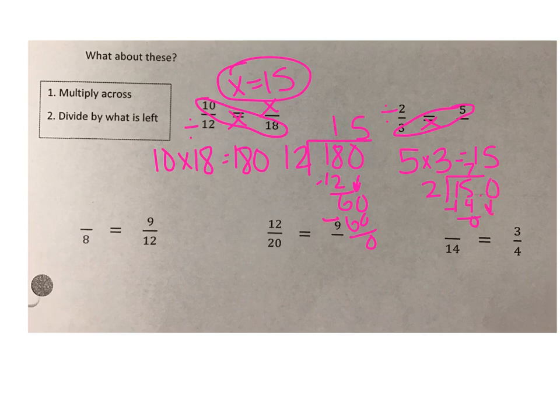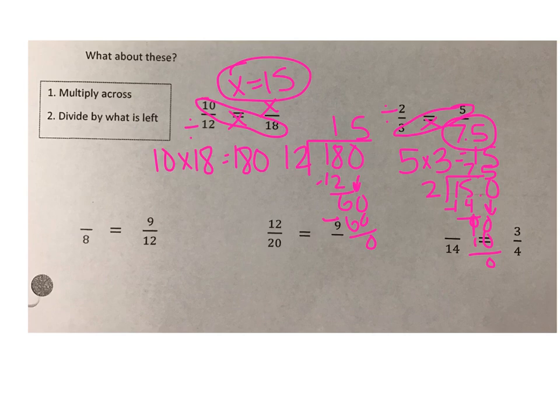Add your decimal and your 0. Oh, we had 1 left over. Bring it down. 7.5. I'm going to put it in the right spot. Okay, so notice we cross multiplied and divided. So we did 5 times 3 divided by 2.